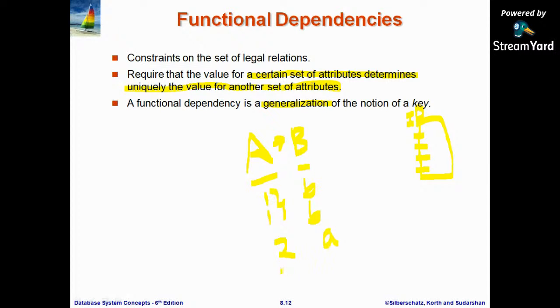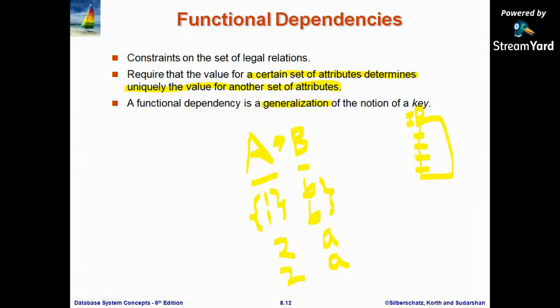Or if you have another entry of 2 in A, this means A is determining the value of B. If the values of two rows of A are the same, then the same values should be there in B. This A is associated with 2, B is associated with 1. It means A is determining B.